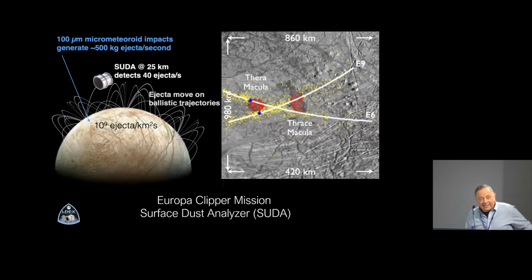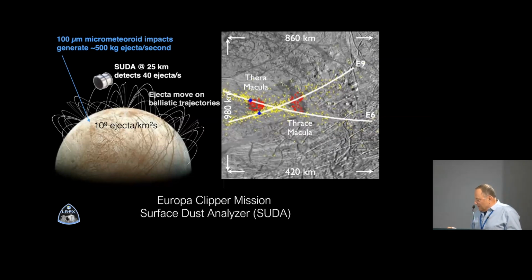That's the very idea of the SUDA instrument that is part of the Europa Clipper mission going to Europa. As you're generating ejecta clouds, we are lucky because we had the Galileo mission, which told us how much dust is engulfing these various icy moons at Jupiter.